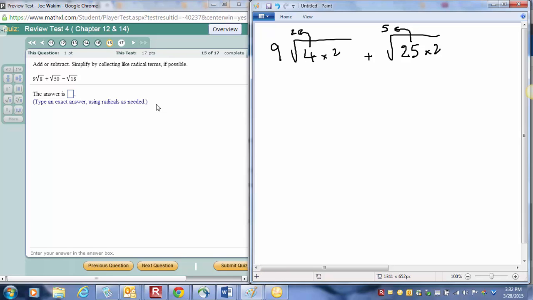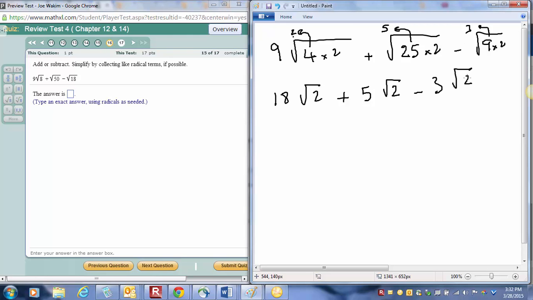How about 18? 9 times 2, and the 9 will come out as 3. So look what happens now. 9 times 2, 18, square root of 2, plus 5 square root of 2, minus 3 square root of 2.